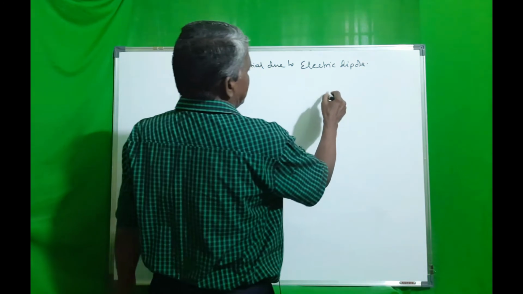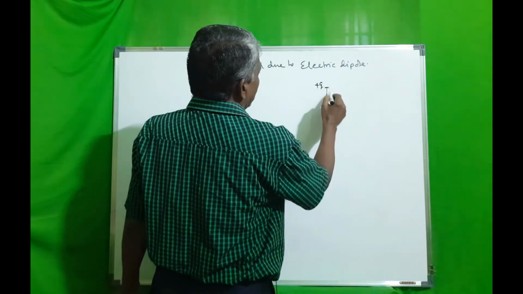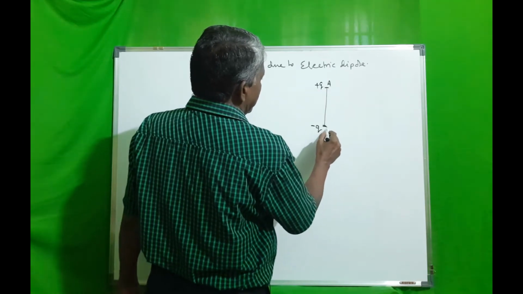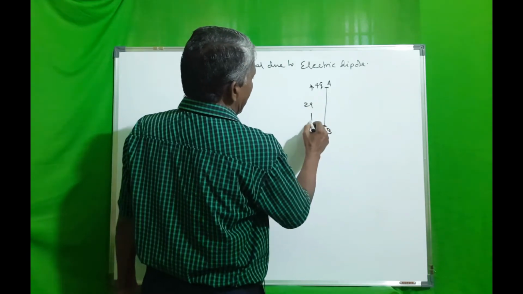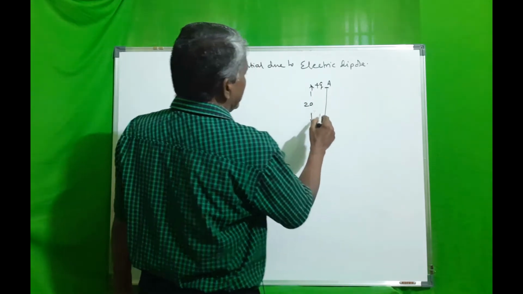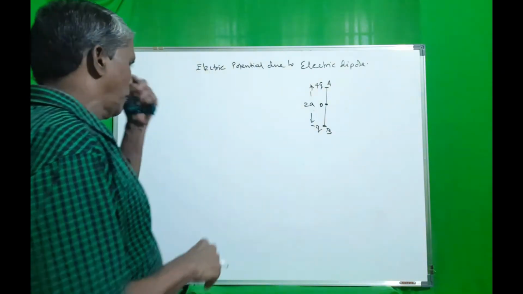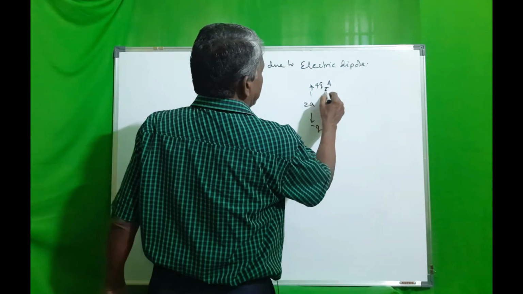Suppose there are two charges plus Q at A and minus Q at B, separated by a distance 2a. We have taken 2a for convenience. O is the middle point. The direction of the dipole moment is from negative to positive.